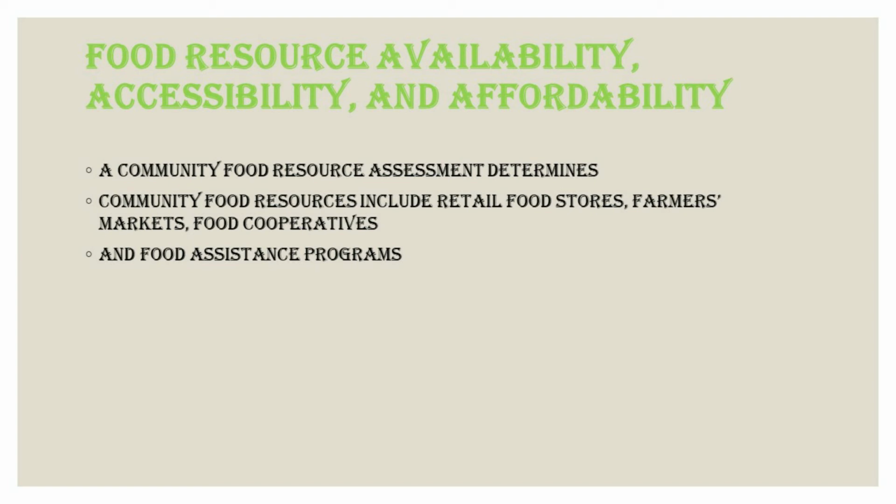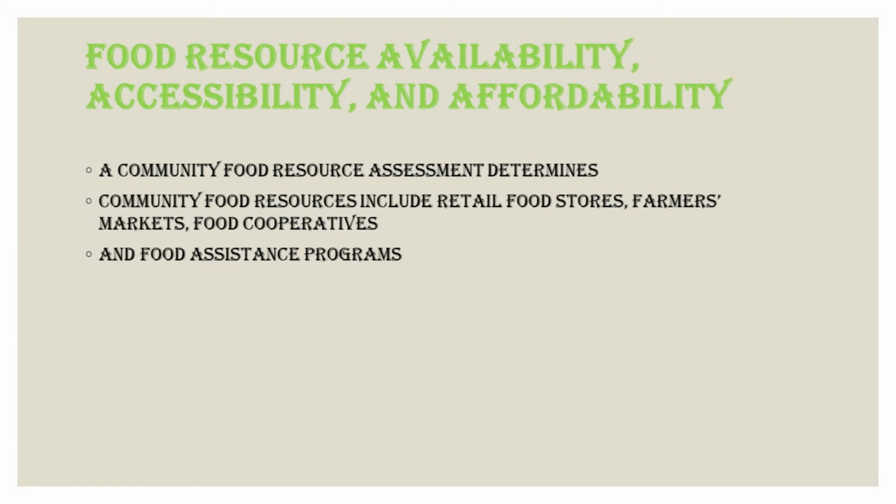Also identifying the community's emergency food assistance providers, including the number, location, and times of operation of food banks, food pantries, emergency kitchens, and commodity supplemental food program distribution sites, and describing the rate of participation in federal food assistance programs.